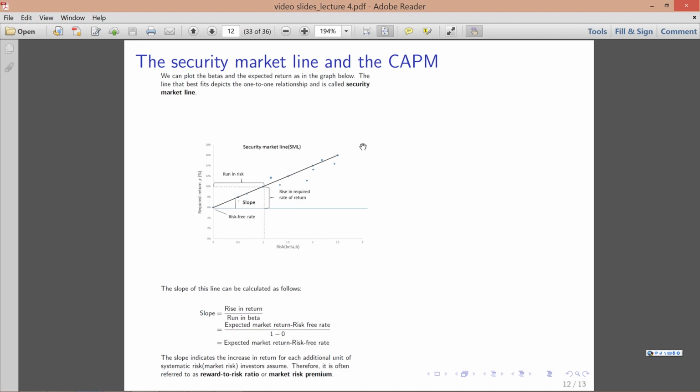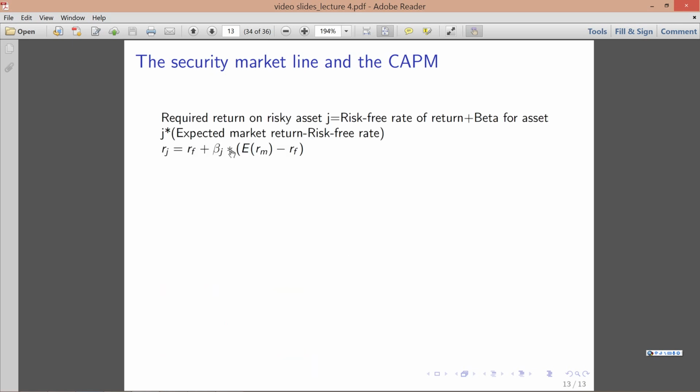In the previous slides, we already said that this compensation for each unit will equal the market risk premium, right? So we put it here. All right, so that is the final CAPM model.